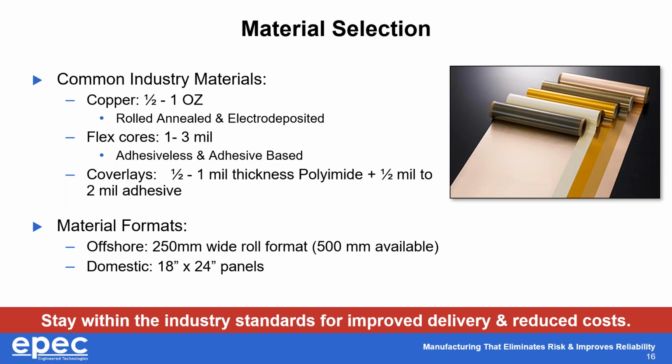Offshore runs on a 250 millimeter wide roll format. 500 millimeter wide roll formats are also available, and the rolls can be either 50 meters or 100 meters long. Domestically, almost without exception, runs on panels, and they'll start off at 18 by 24, and then they can cut them down from there. They can go down to a 9 by 12 or a 12 by 16.